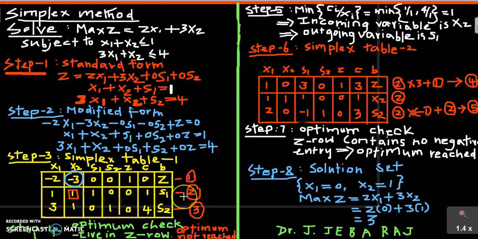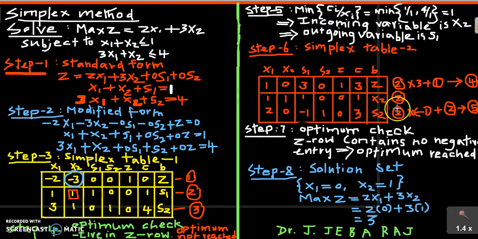Here the outgoing variable is s1, the incoming variable is x2. That means x2 is going to come into the basic variables and s1 is going out. The pivotal element is 1 here. Now by using this pivotal element, we have to make this 0. That is the next step.